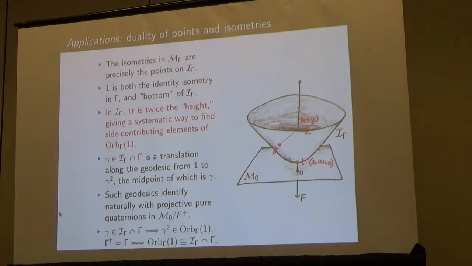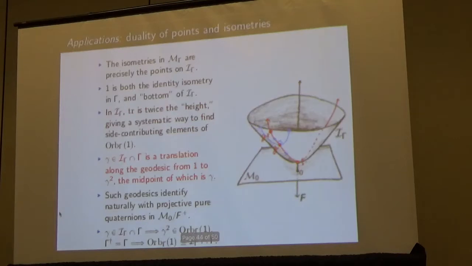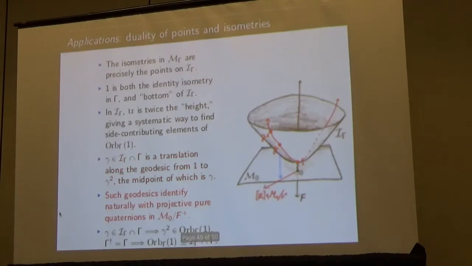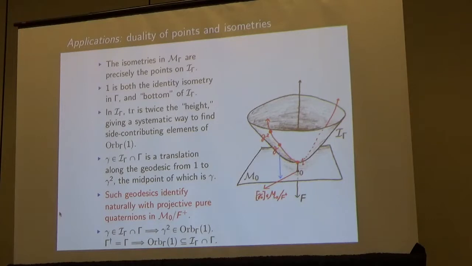This gives me sort of a systematic way of looking for sides as I go up my hyperboloid. That's the thing that I just said. The point on the hyperboloid translates along that geodesic. And also, I can sort of project these geodesics down onto the pure Quaternions inside the Macfarlane space and get something like a slope to keep track of which direction they're going in.